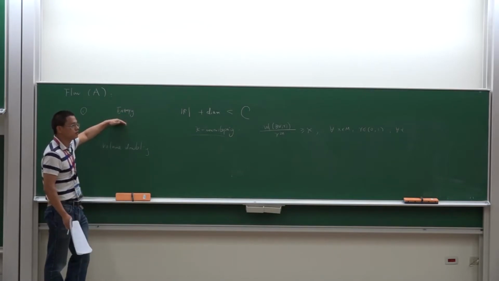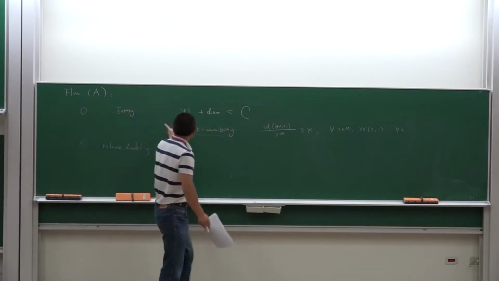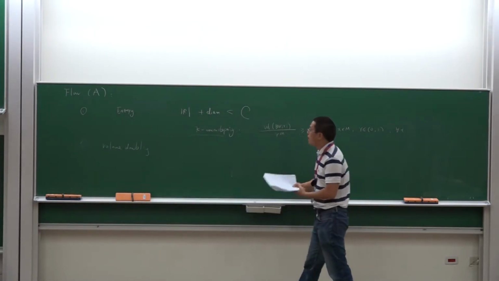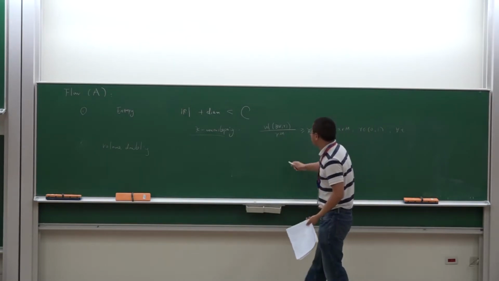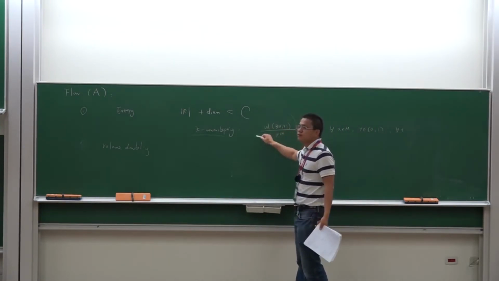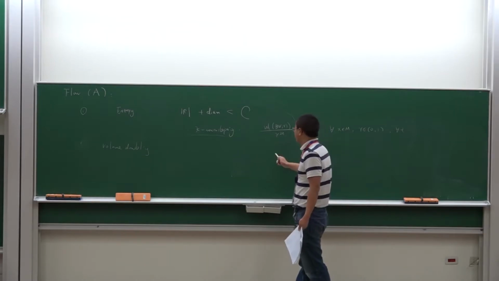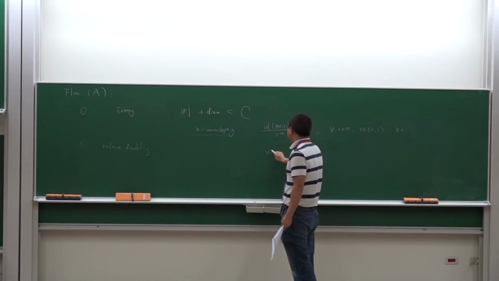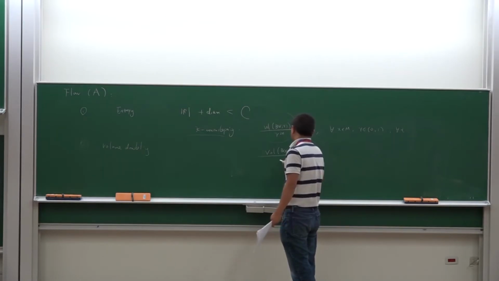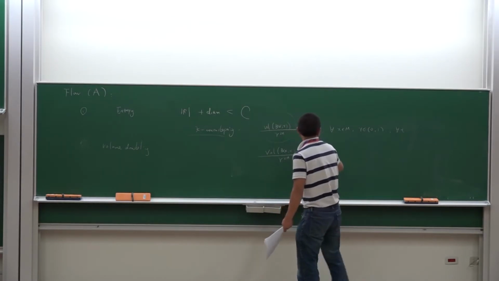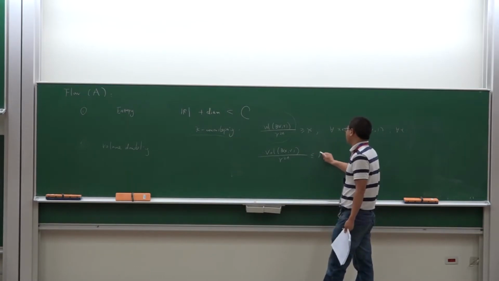This is by the work of Qi Zhang. Then applying this heat kernel upper bound, one can show that actually this volume ratio has an upper bound. So this is greater or equal to kappa inverse.